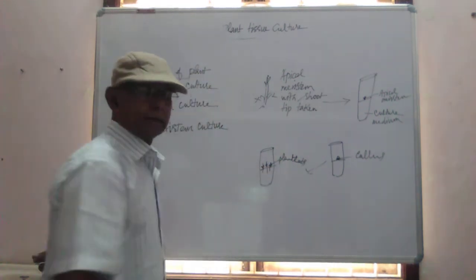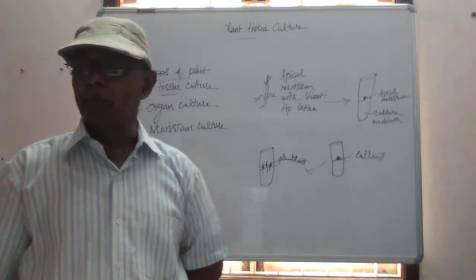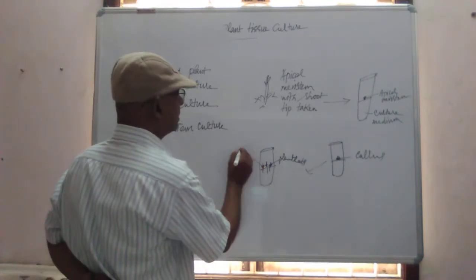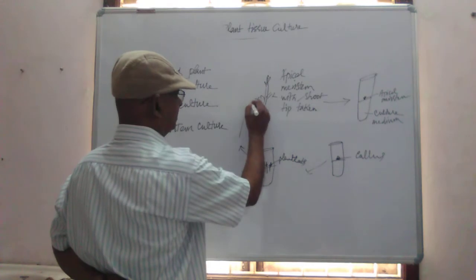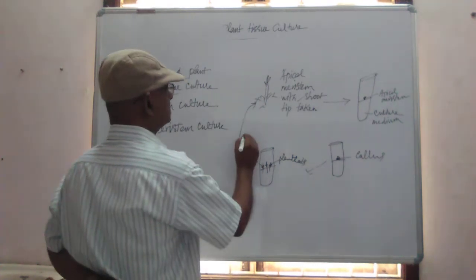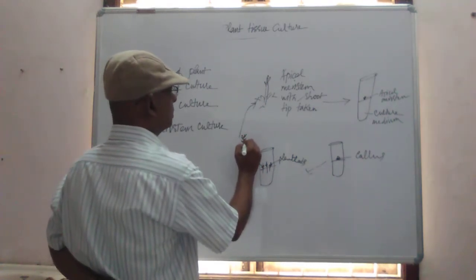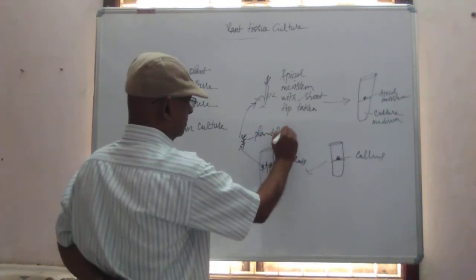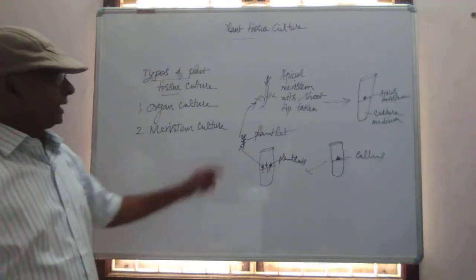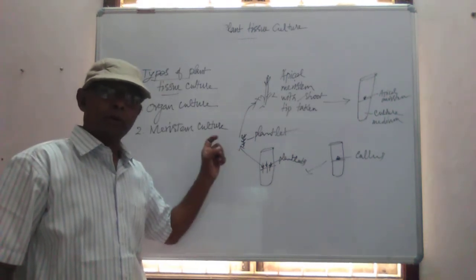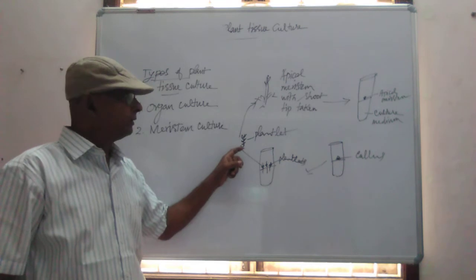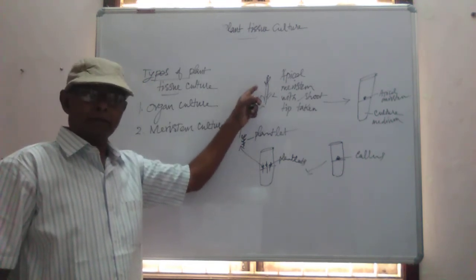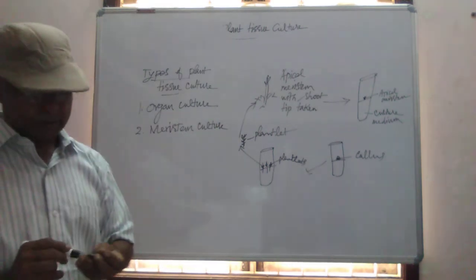From the plantlets, the whole plant will be regenerated. So the plantlet, after proper hardening, develops into a full-fledged individual plant. That is the meristem culture.